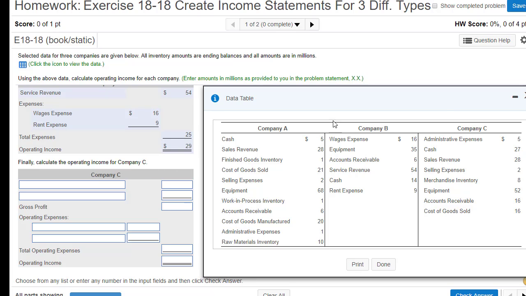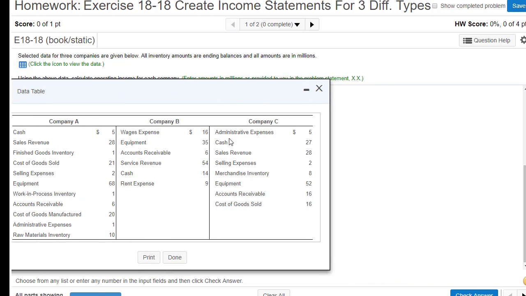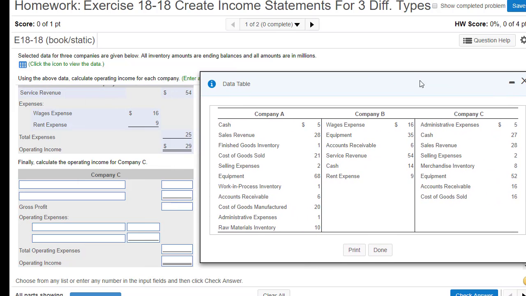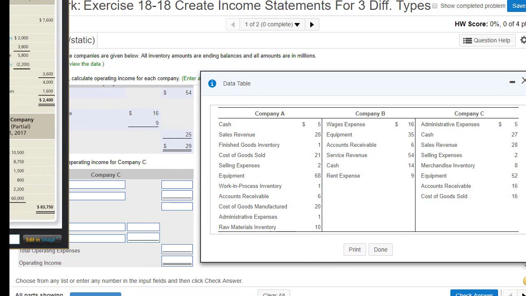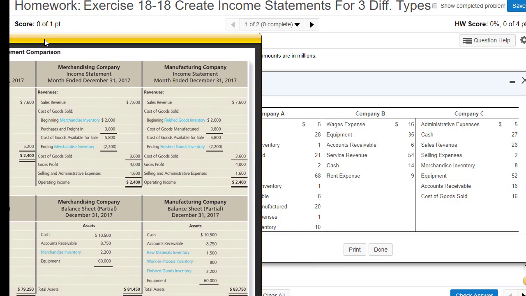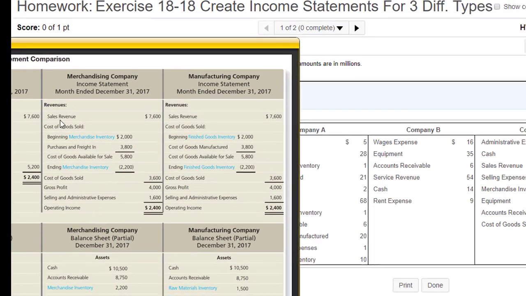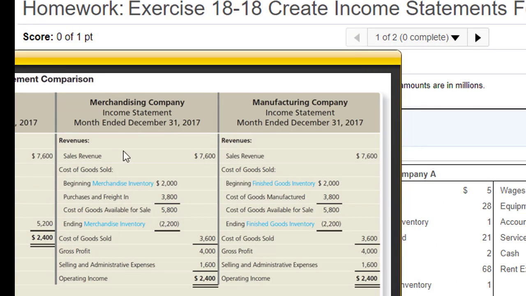And then finally, calculate the operating income for company C. Way over here, company C has merchandise inventory. So this is a merchandising company. Again, if we look over here at our slide, for a merchandising company, the income statement has sales revenue minus cost of goods sold gives us gross profit. This is an internal document, so therefore it shows a calculation of cost of goods sold.